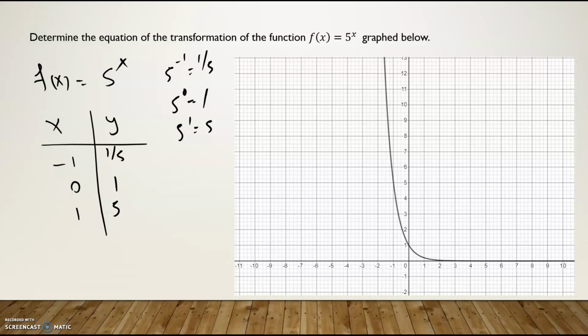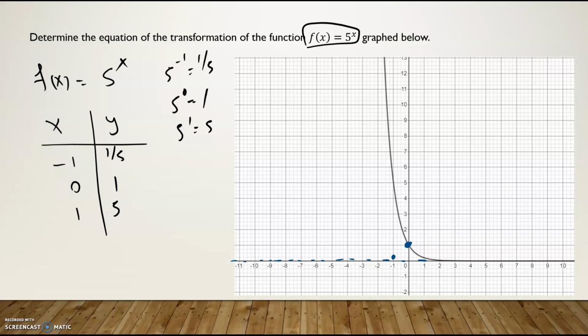So let's plot those. Notice for this function in number 1, b is 5, so it's increasing. And we have a horizontal asymptote at y equals 0 because we did not shift up or down. We'll plot these points: negative 1, 1/5 is going to be really close to this right here. 0, 1, hey, that overlaps with this one.